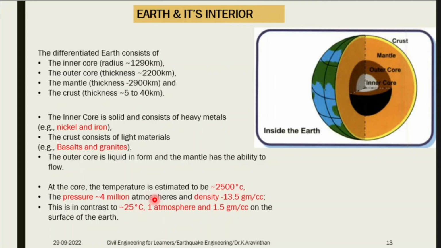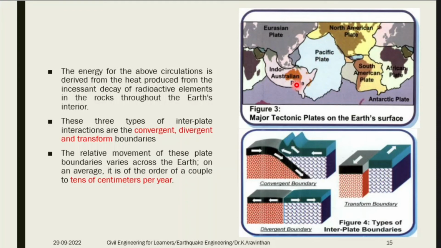Slowly you cannot breathe. This is the world map, and you can see this is the Eurasian plate, the Indo-Australian plate. We Indians are staying on the Indo-Australian plate. So this is Australia. This is a single plate, a major plate, and the Pacific plate is completely covered with ocean. And this is the North American plate, South American plate, African plate.